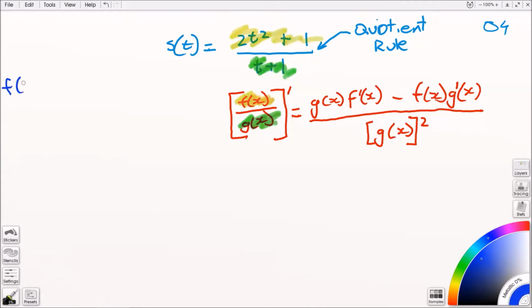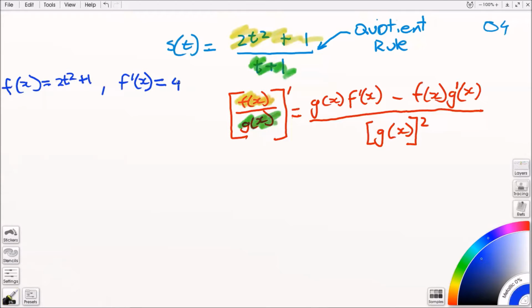So our f of x is 2t squared plus 1. Our f dash x, which is just the derivative of f of x, is, well, we bring down the 2 and 2 times 2 is 4.